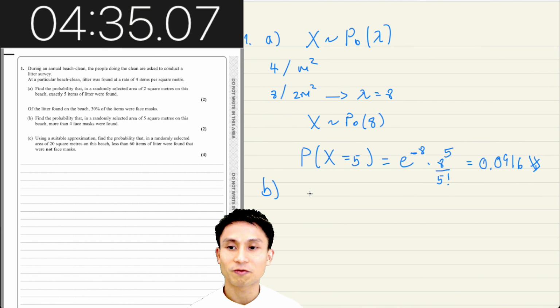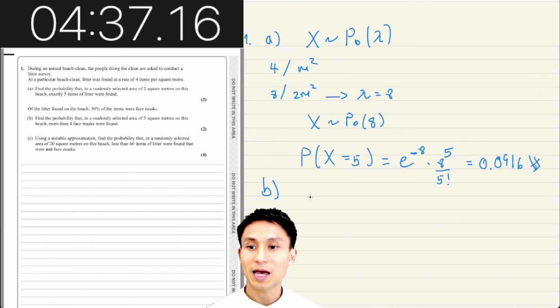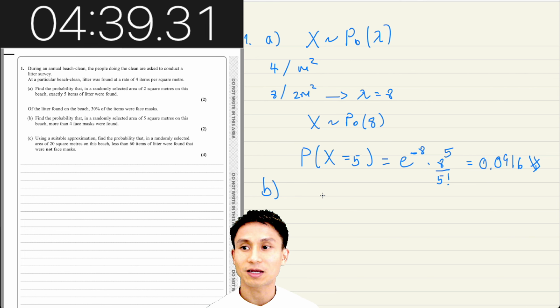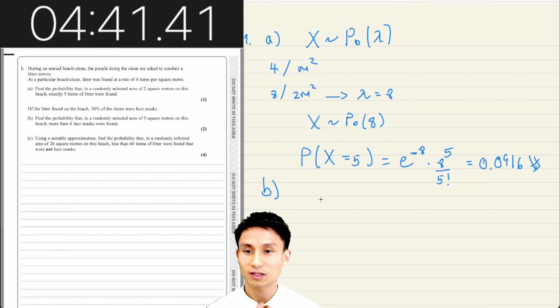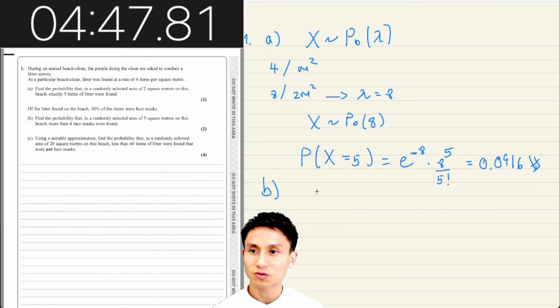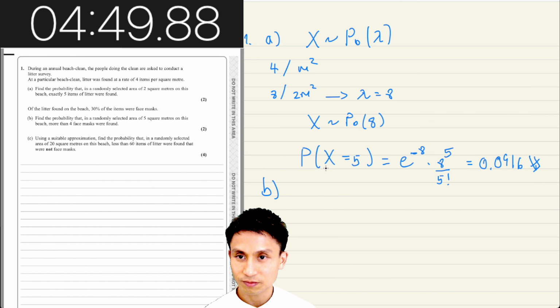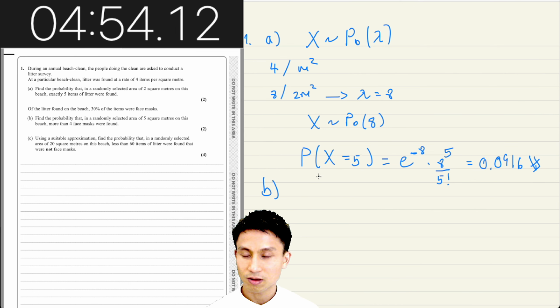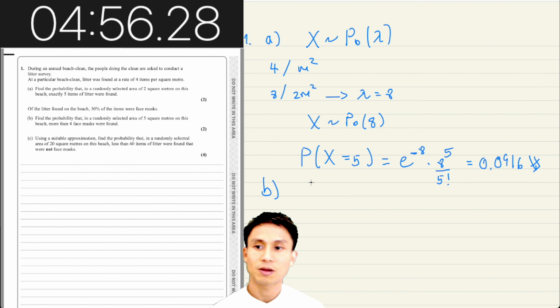So more than 4 face masks, that means we're going to have to take the litter found. So in the litter found, hang on, let me think a bit about that. Okay, this is a little confusing. Okay, hang on.